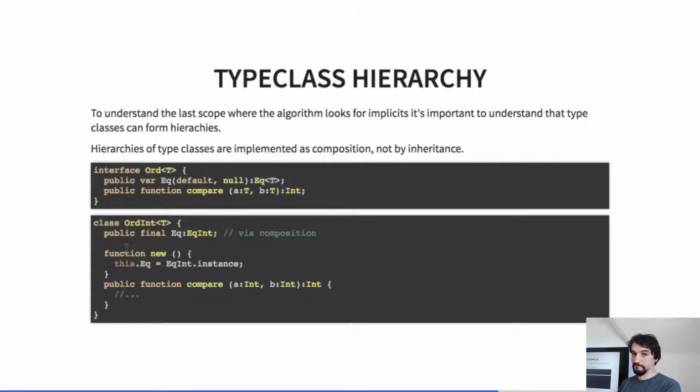And also you have access to the implementations of those type classes inside of the other type classes. So inside of the ord implementation I have access to the equal implementation. Does that make sense?